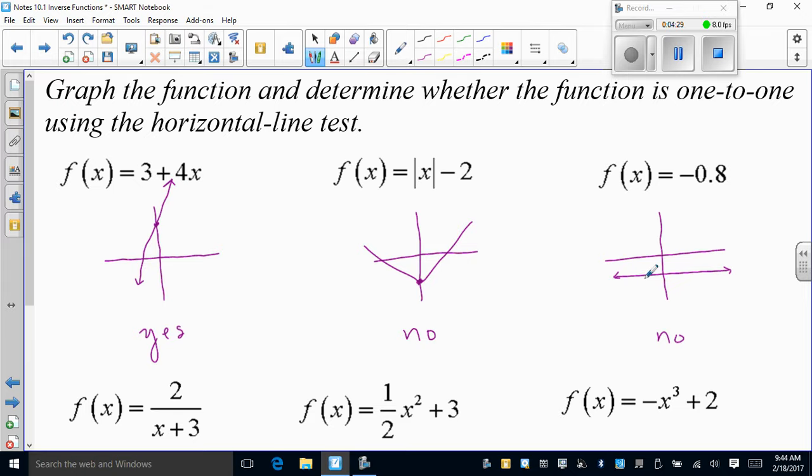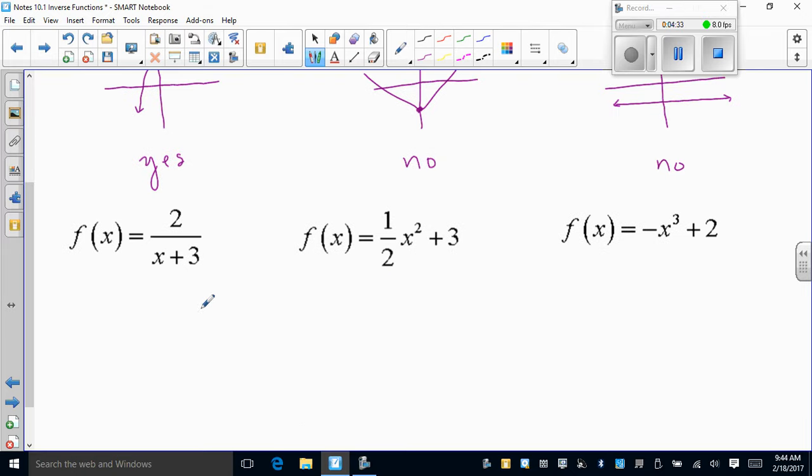This one here, if we graph this one, we have an asymptote at x equals negative 3. So I'll just put something down here like this. And if x is 0, then it's going to be 2/3. So we're up here somewhere. So this graph is doing this bit here, and then over here it's doing this bit. And the answer on this one will be yes.